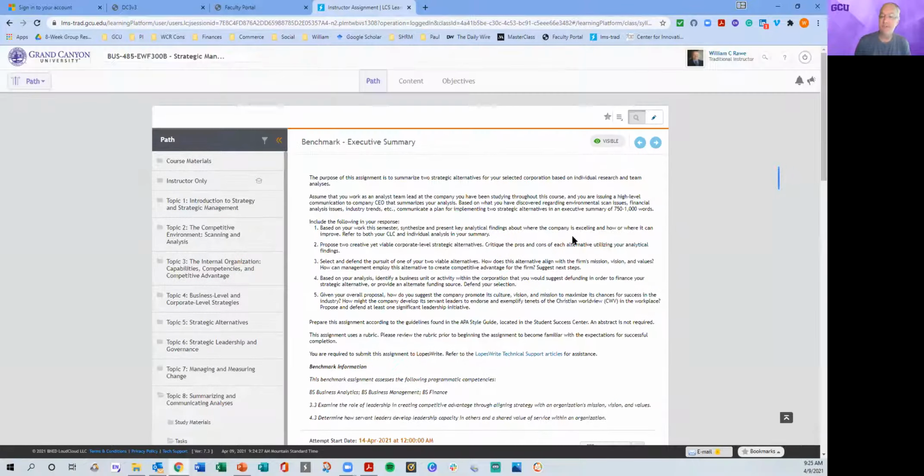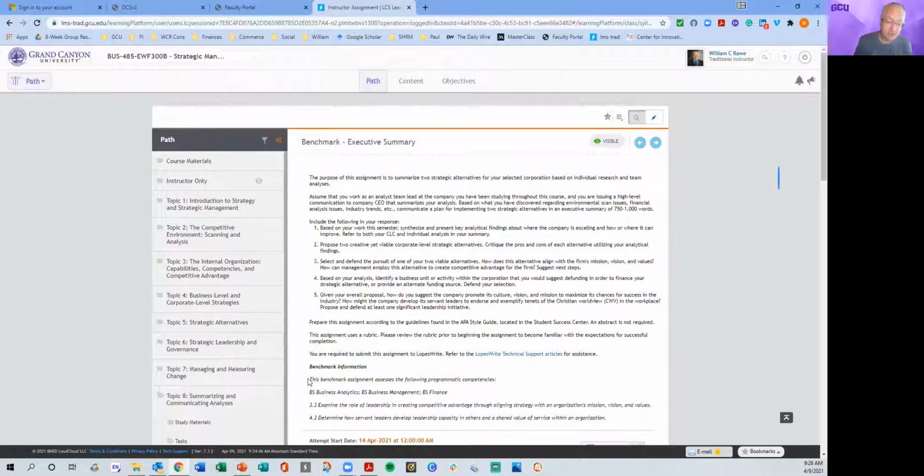Now you're given 750 to 1,000 words to do this. I'll read through these, but follow the rubric more than this, because this gives a good general description. It should align to the rubric fairly well, but make sure you're looking at your rubric.